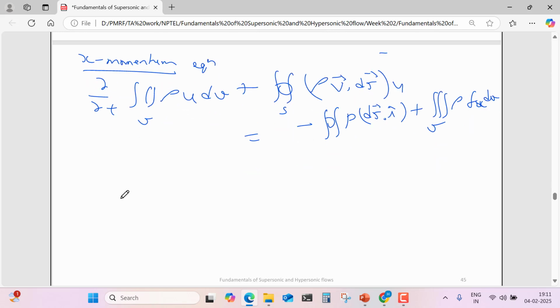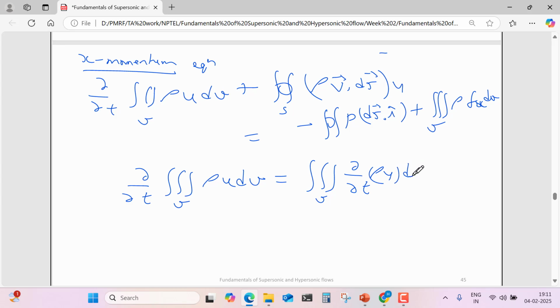Now, as I told, for ∂/∂t triple integration ρu dV, it will be equal to triple integration ∂/∂t (ρu) dV. The second term is the surface integral.